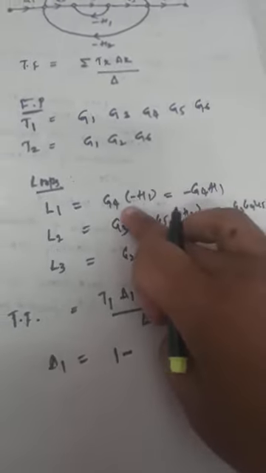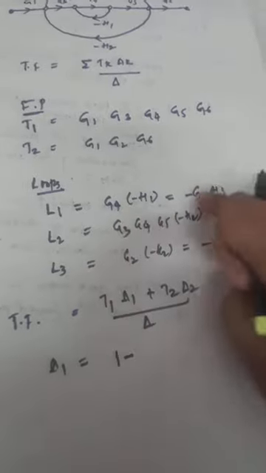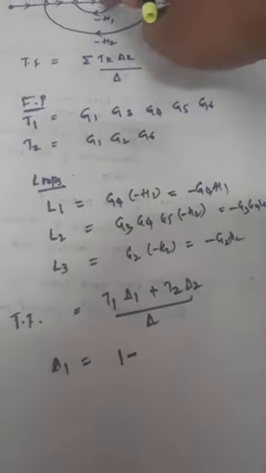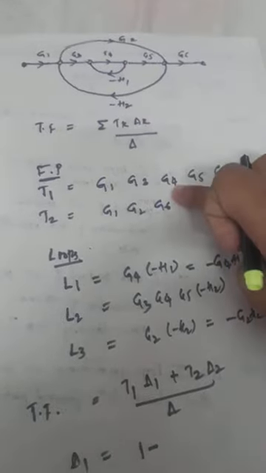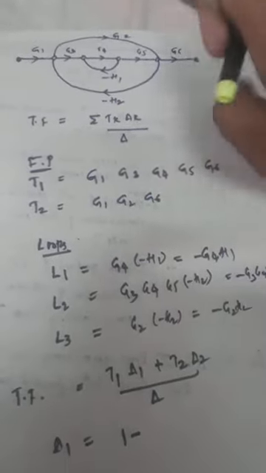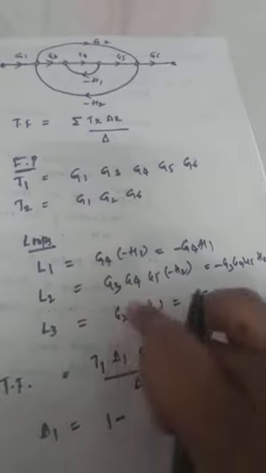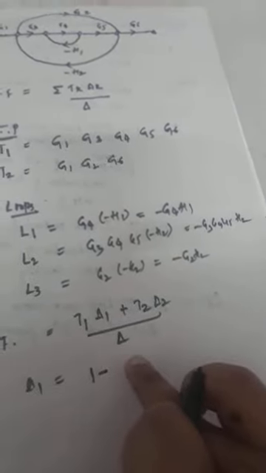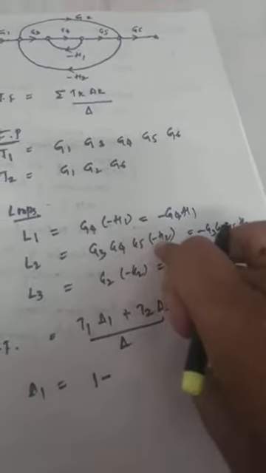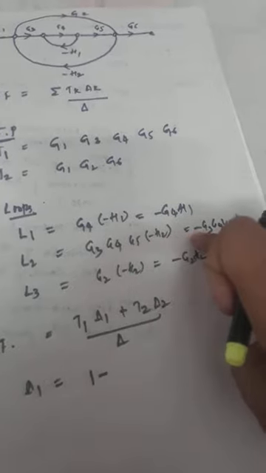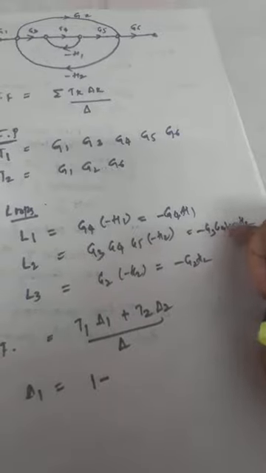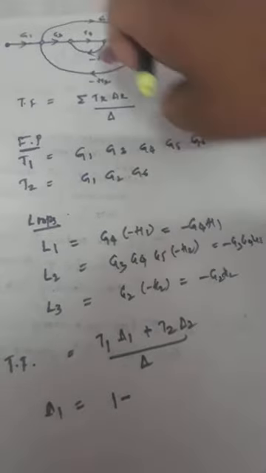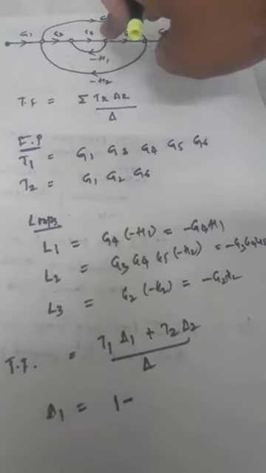See, the first loop is minus G4 H1. The G4 node is here, so G4 is there in the first forward path. That means it is touching, so we cannot write L1 here. Then check the second loop. The second loop is G3, G4, G5, S2, but the first forward path also has G3, G4, G5.